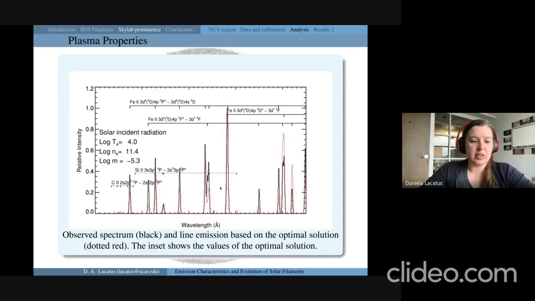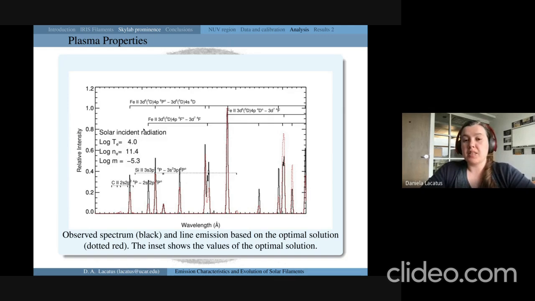But given that there are a lot of uncertainties in the calibration of the film data, but also in the simplification of the radiative transfer equation, this is a very good fit. And here I'm also showing the recovered properties for this particular prominence.